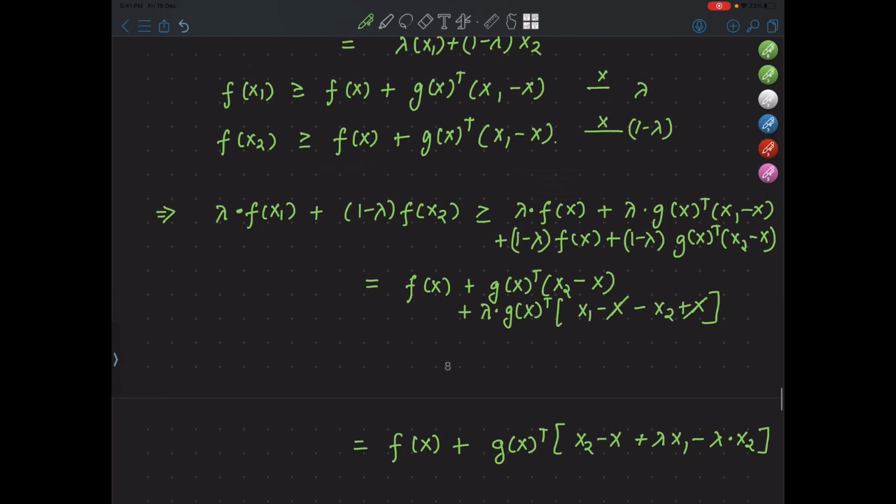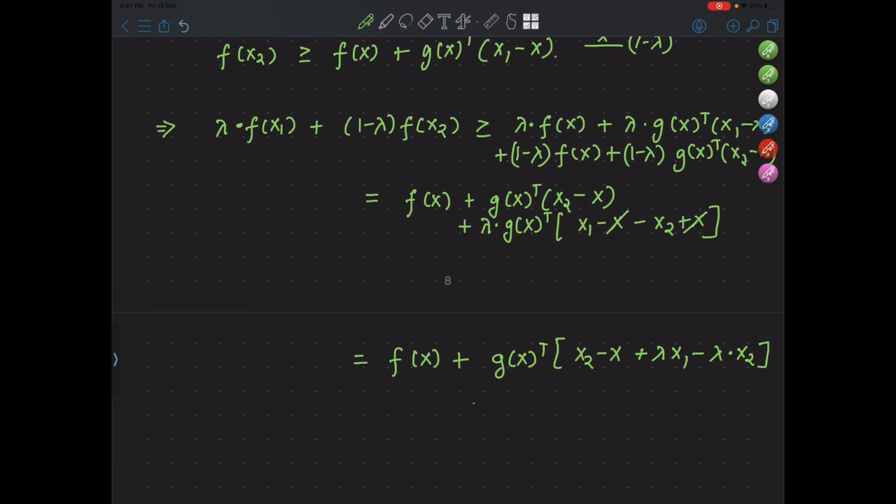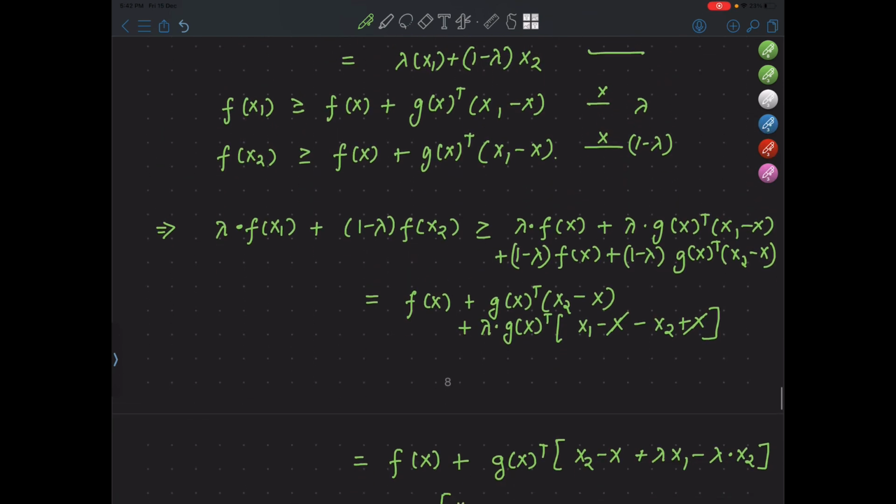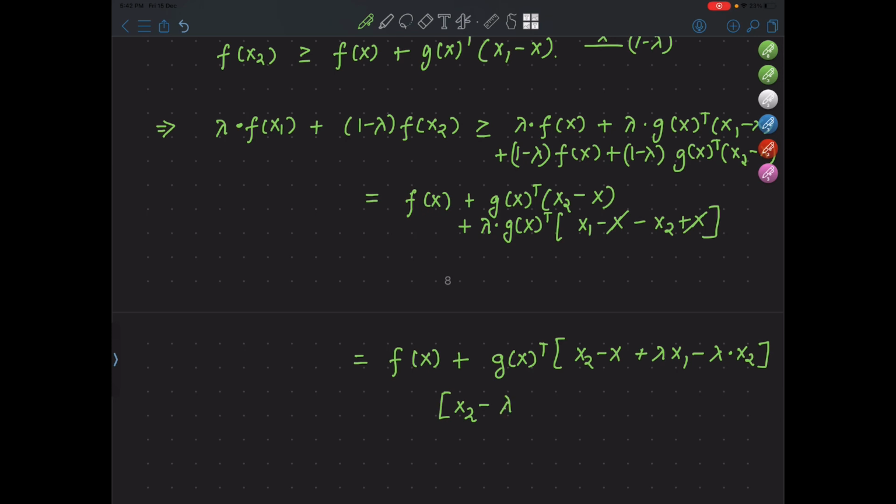We can expand x now. If we expand, it will be x2 minus, you can see this is x, minus lambda x1 minus (1 minus lambda) x2 plus lambda x1 minus lambda x2.